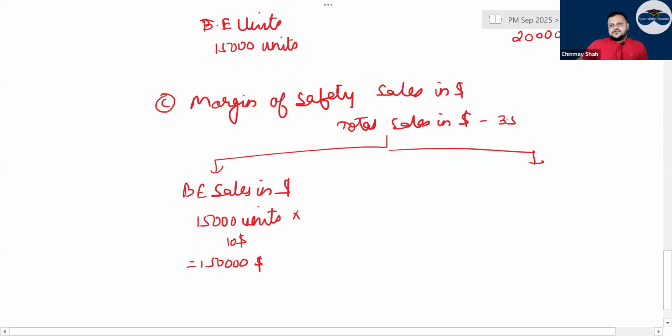So here also the total is 35,000 into 10, that is 350,000. Correct. And your margin of safety sales is 20,000 into $10, that is 200,000.